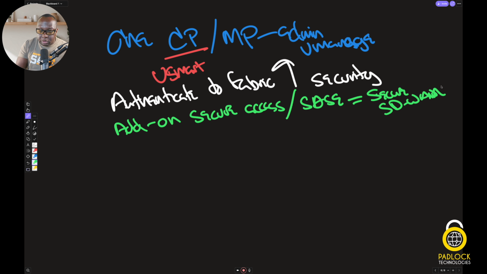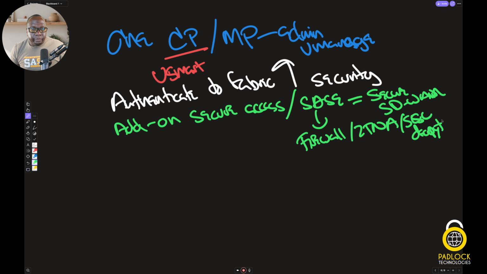Which gives you the firewall capabilities, ZTNA if you wanted to use that, and SSL decryption. It gives you all those features, right? That stuff doesn't come by default with traditional SD-WAN, but if you put the SASE product on top of it, you get all those features in there. And of course those are the main benefits.